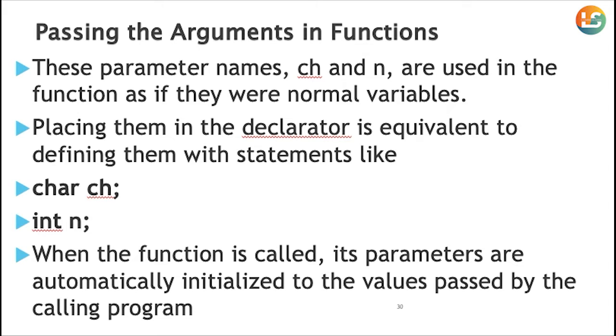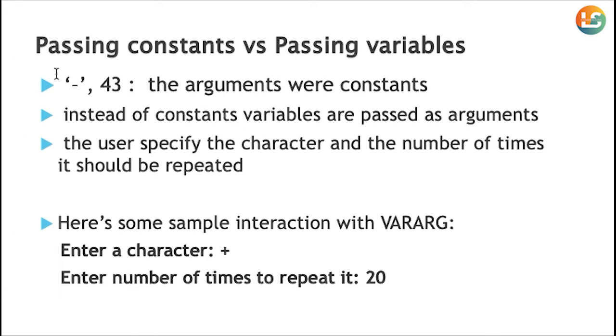In the dash and 43 example, the arguments were constants. Instead of a constant, variables can be passed as arguments. The user specifies the character and the number of times it should be repeated. For example, you can ask the user to enter the character they want to print. The user entered plus. You also ask the user how many times to repeat it. The user entered 20. Then you can pass these two variables in the function call.